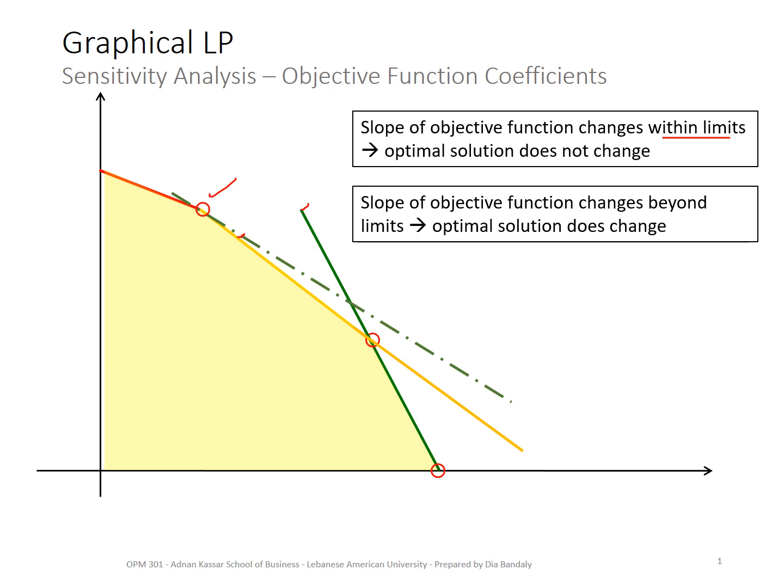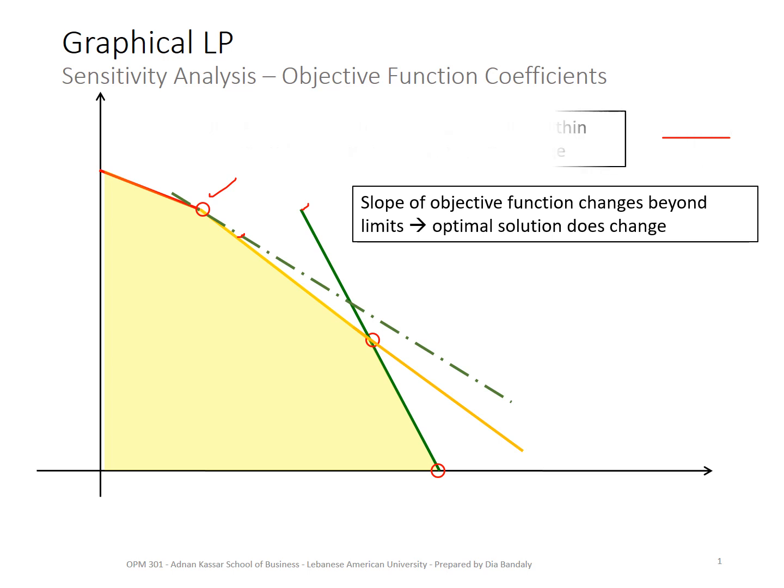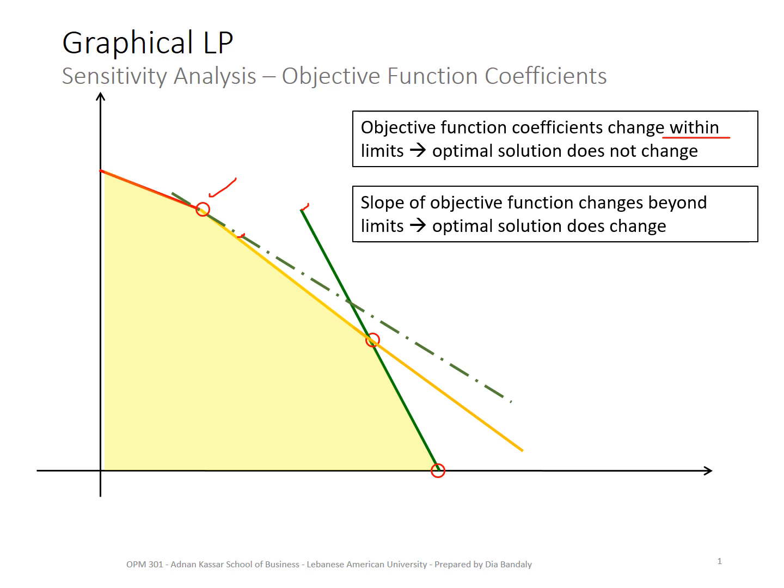So I can now replace these two observations with more general observations. When the objective function coefficients change within limits, and we'll talk about these limits later when we talk about the sensitivity report, then the optimal solution does not change.